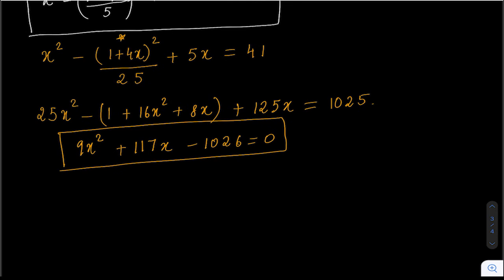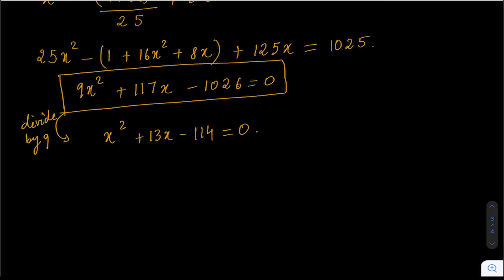So I think you can divide this further by 9 to make it simpler. So I am dividing by 9 to make it simpler. So now what I am getting is x square plus 13x minus 114 equals 0. Now make factors of this.